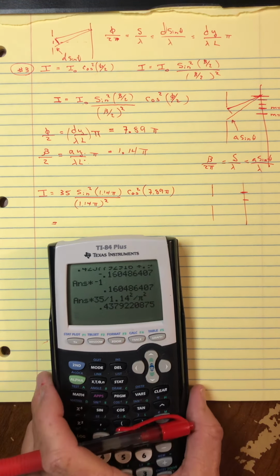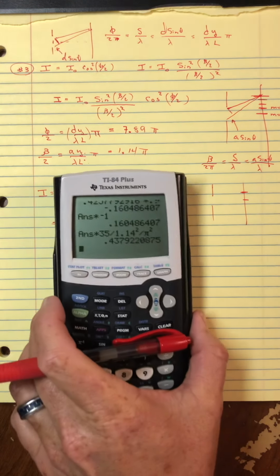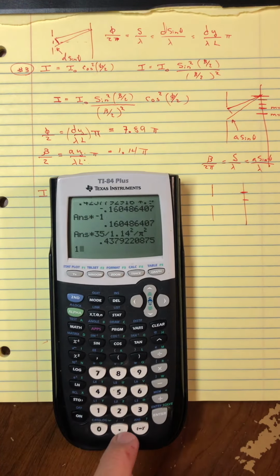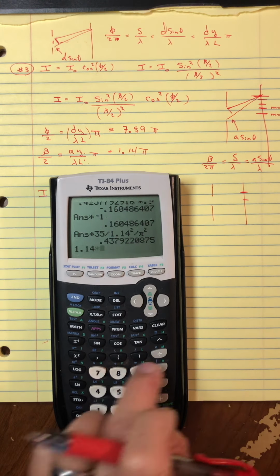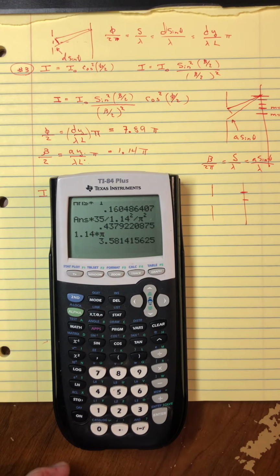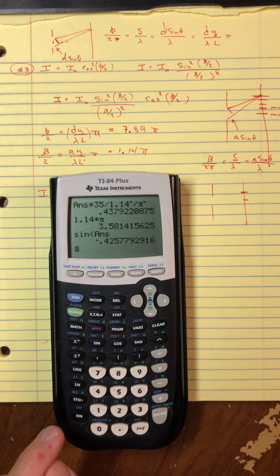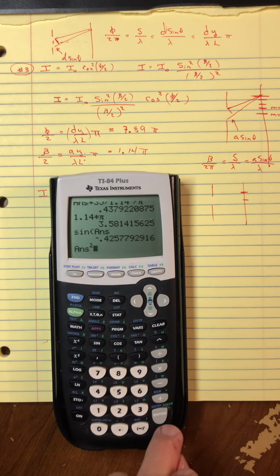Let me just try that. 1.14 times pi is 3.59. You go sine of that number and square it.